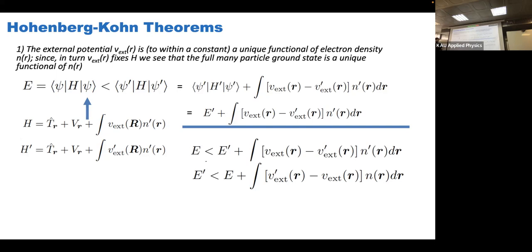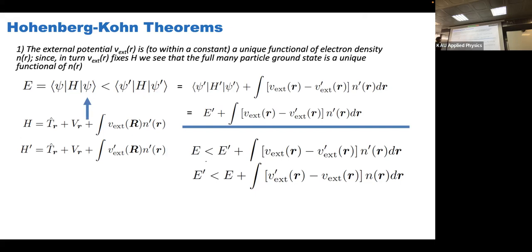So we have two systems. One system, psi H psi, has the lowest energy E, and another system with another external potential has the lowest energy E prime, with psi prime, H prime, psi prime.